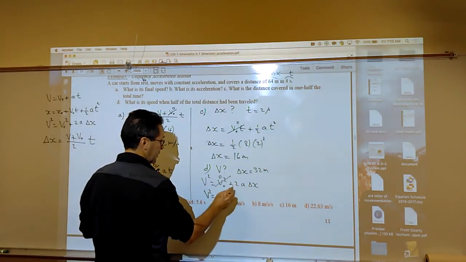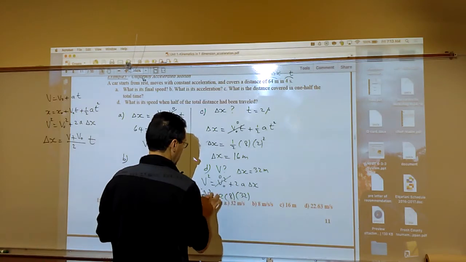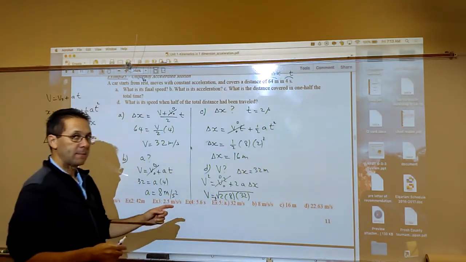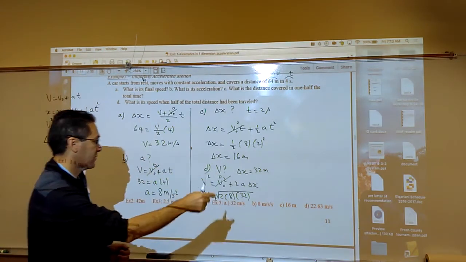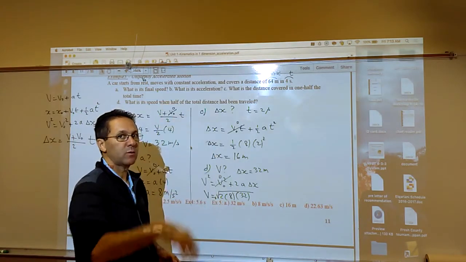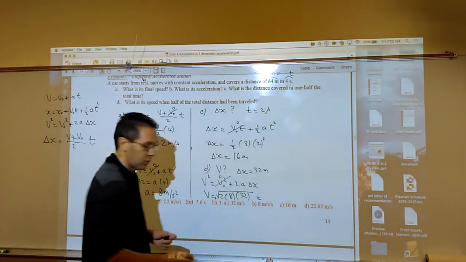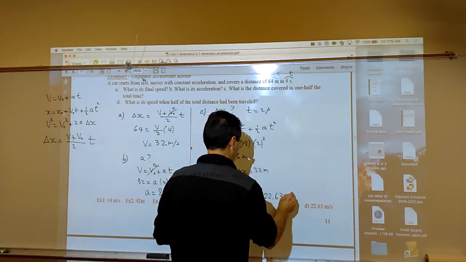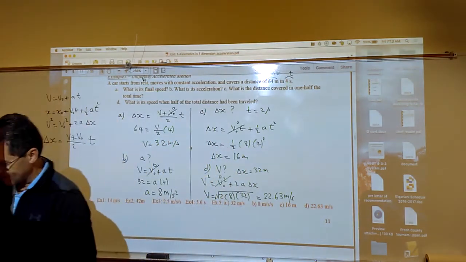So v squared equals 2 times 8 times 32. We take a square root, plus or minus. Here it doesn't matter because I'm traveling to the right, and right is positive, so I'm just going to pick the positive answer. But later on, when we do free fall, we throw things up in the air and let them fall, it's going to matter. We'll get to that in a later video. So I'm going to cheat. Actually, the answer is down there: 22.63 meters per second. See how fast I could do mental math? I just looked down there.